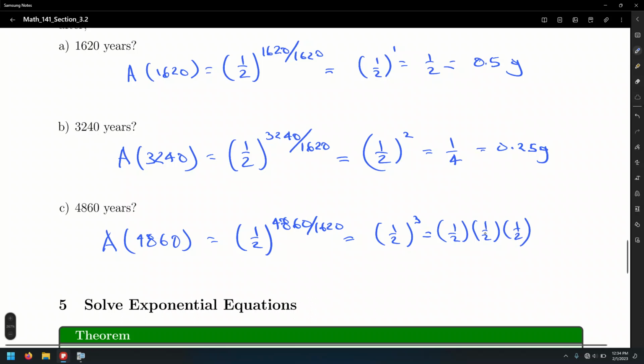Half of the half of the half. Well, if half is 0.5, half of the half is 1/4, which is 0.25. Now, what's 1/2 of that? That's 1/8 in the first place. However, that 0.25 times a half, half of 25, that's 12.5 essentially. In decimals, 0.125 grams.